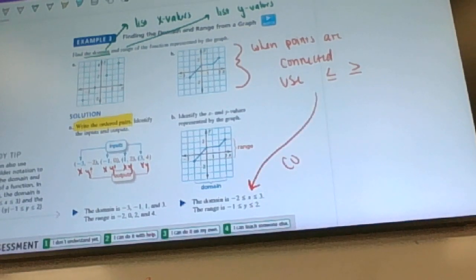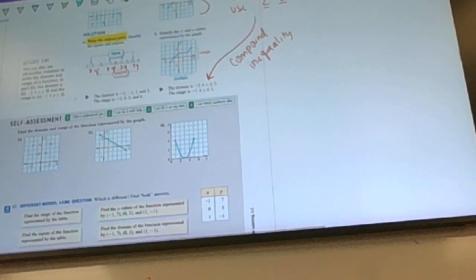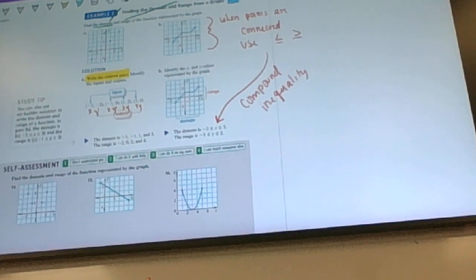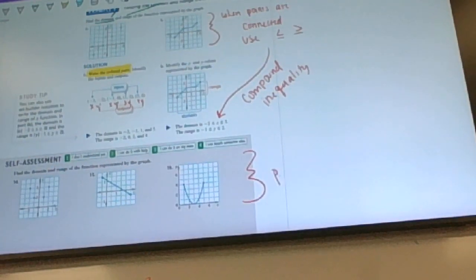It's a compound inequality from last chapter. All right, you guys try these. Try 14 through 16. Page 178. Do you have to write equality? Only when the points are connected.